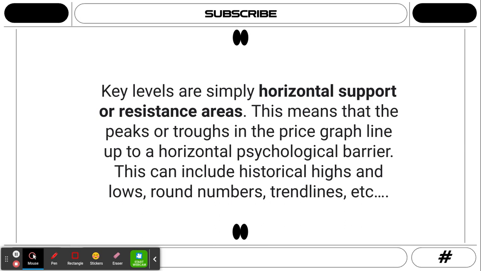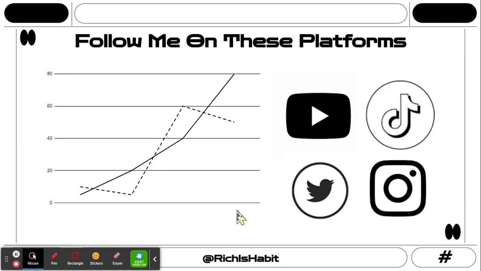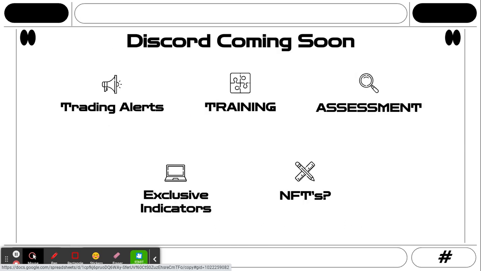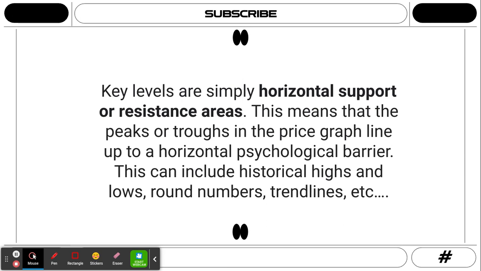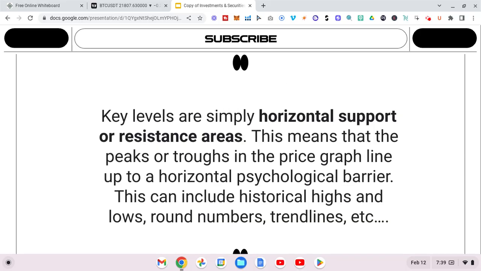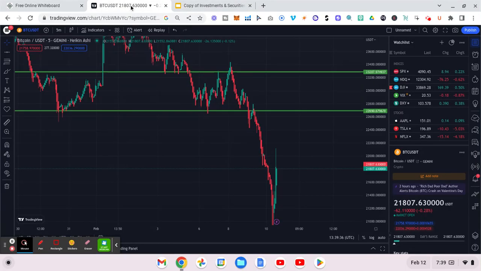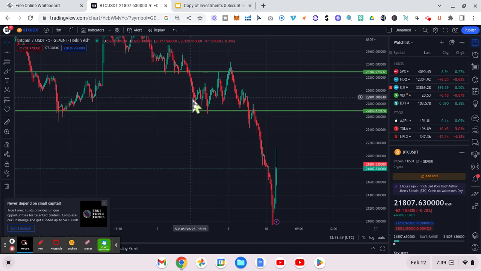So, back to Bitcoin. Back to the chart. How did I get so far? All right. Like if this to me would be considered a key level, like this 22 range, that would be a key level.